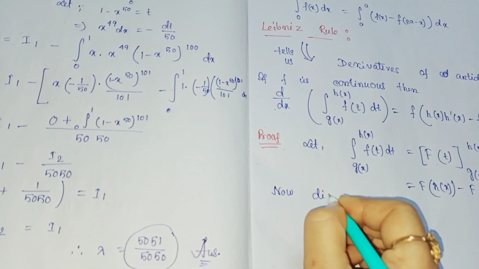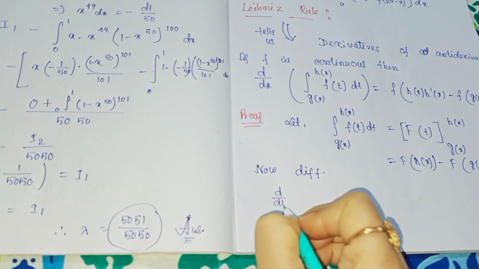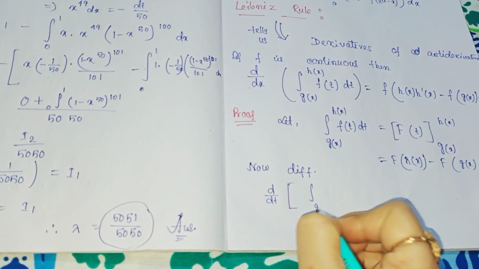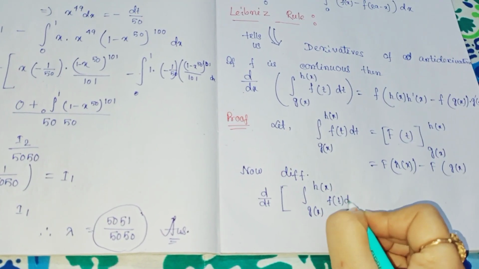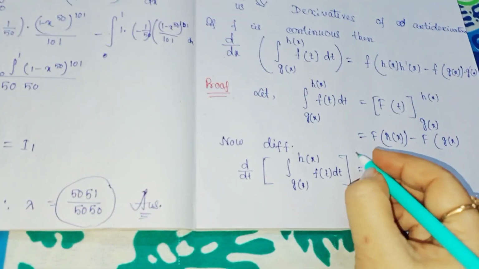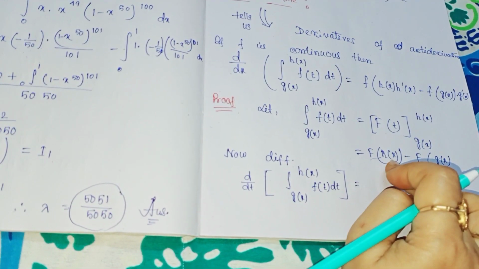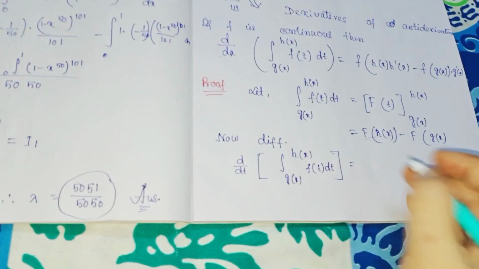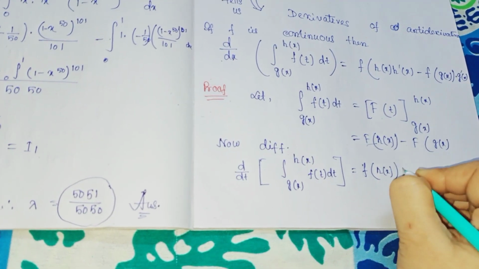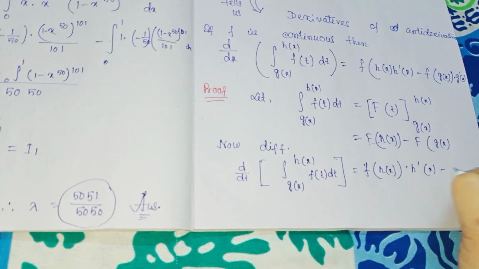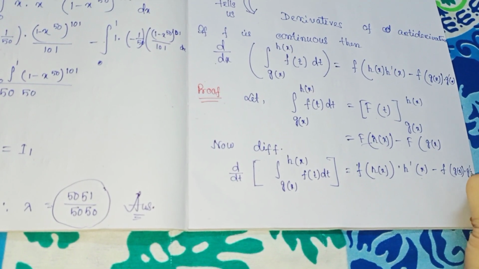Now differentiating both sides, we get d/dx of the integral from g(x) to h(x) of f(t) dt is equal to, differentiating, f(h(x)) into h'(x) minus f(g(x)) into g'(x).